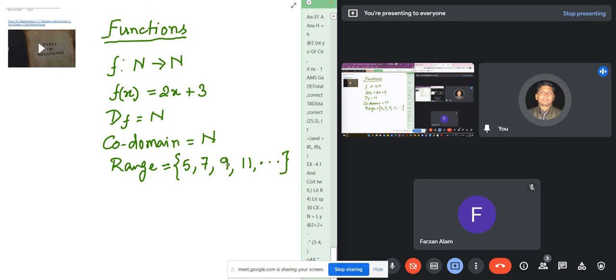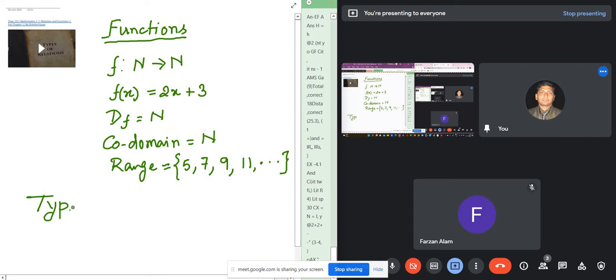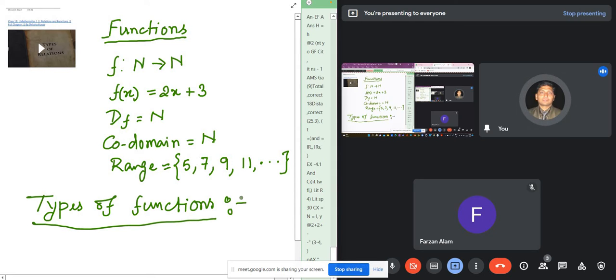Now here we learn types of relation. In class 12 we learn types of functions. Many types of functions we are getting. Out of that, 2-3 types of functions we have to learn. Number one, one-one functions.